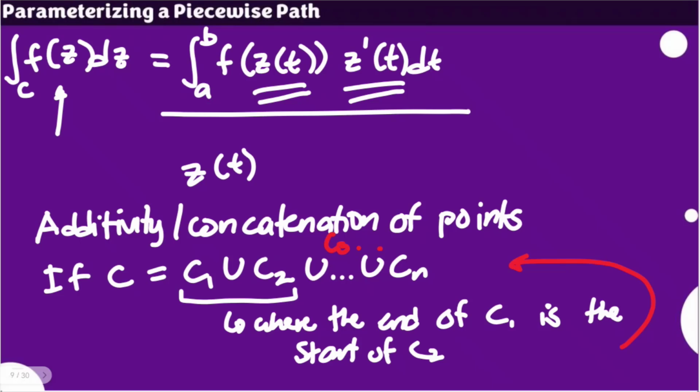If all of these are actually true, then we can simply take the complex integral of each path.